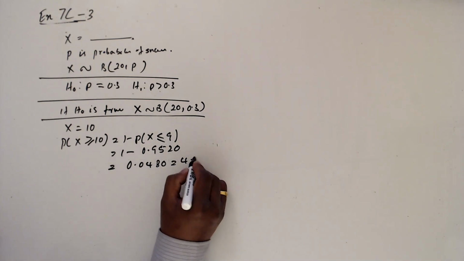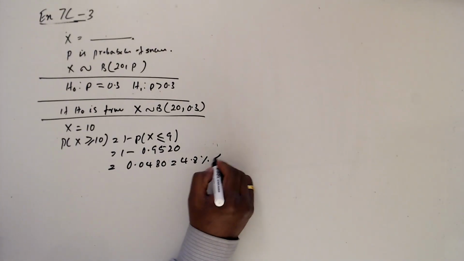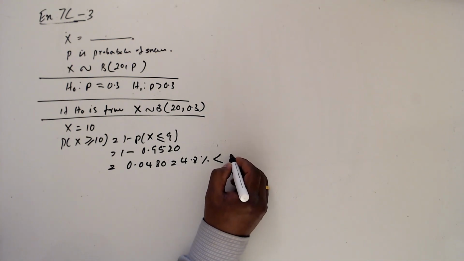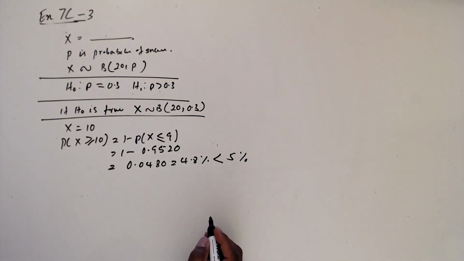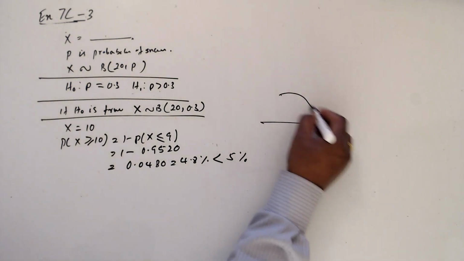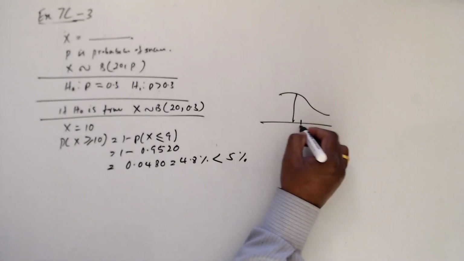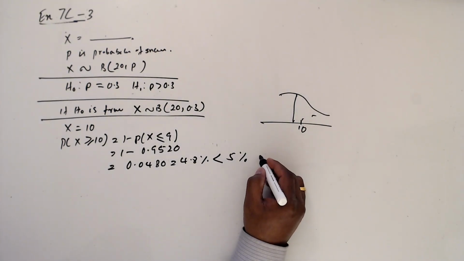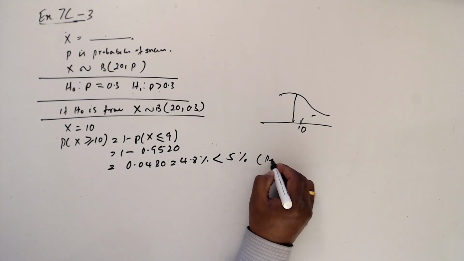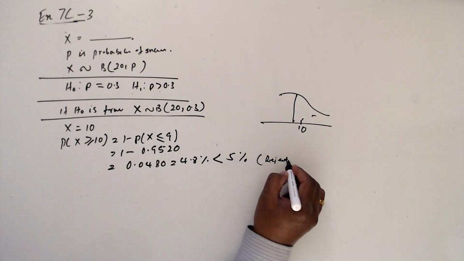This is 4.8 as a percentage, less than 5%. It means this value 10 jumps into the critical region. It means this is the rejection.